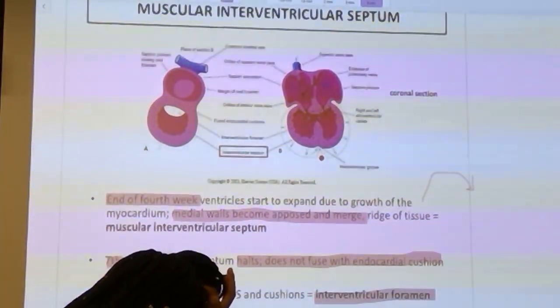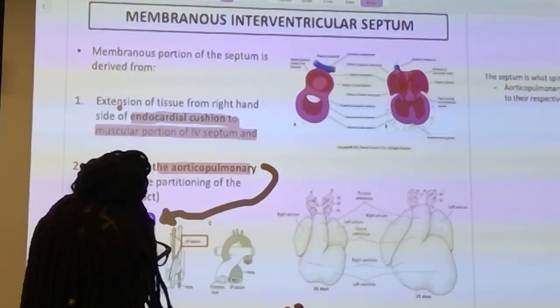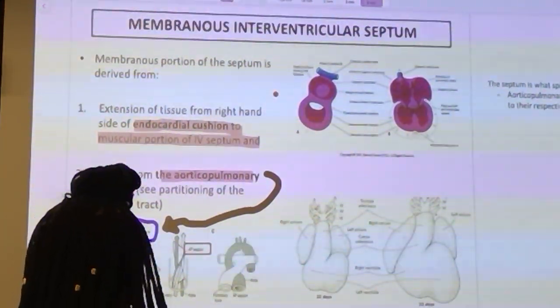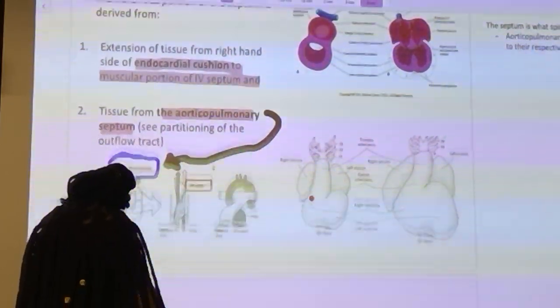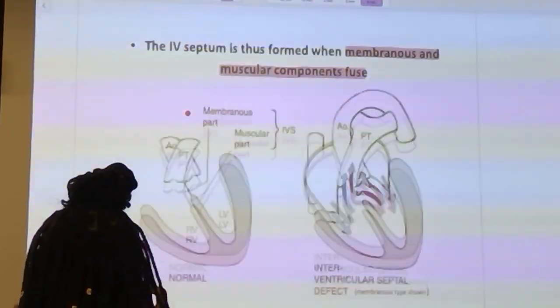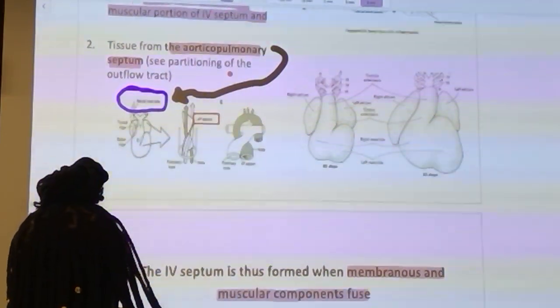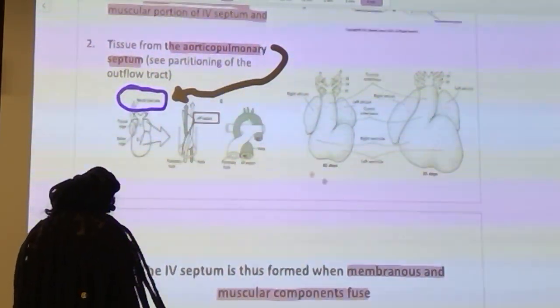Okay, ventricular septal defects. We need to know that the endocardial cushion forms the membranous portion, and the muscular portion is made by myocardium. And just know that neural crest cells induce spiraling of the aorticopulmonary trunk.